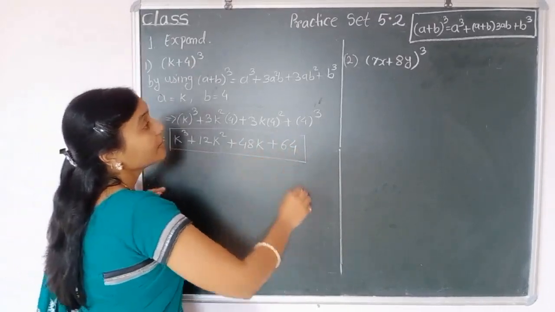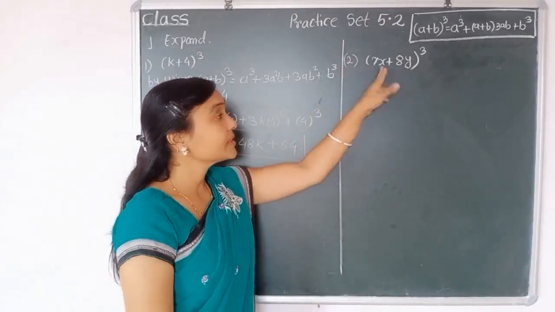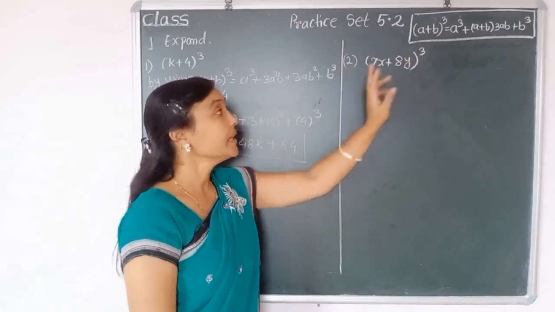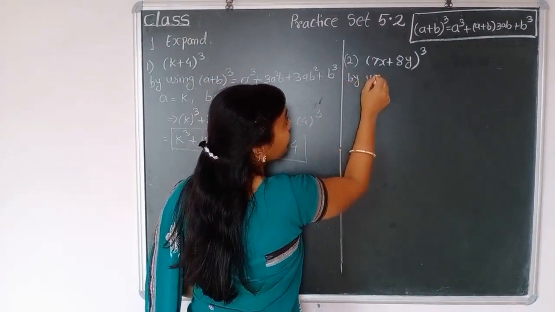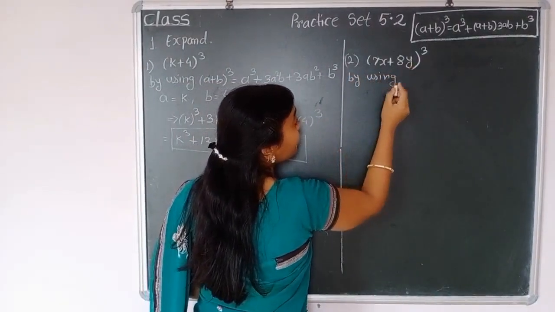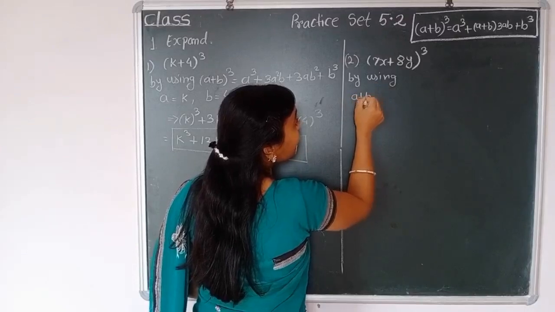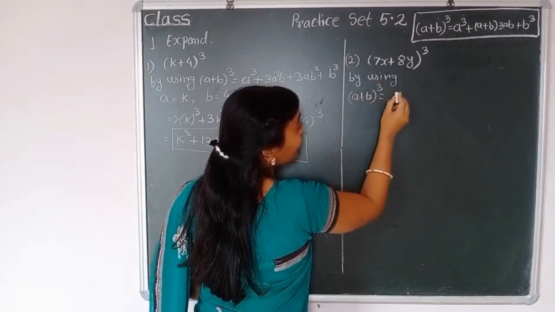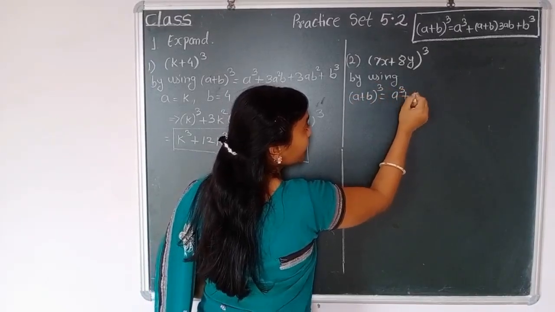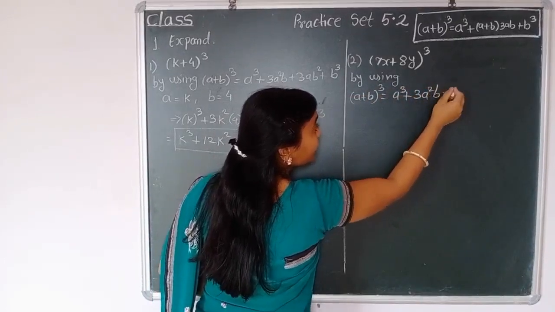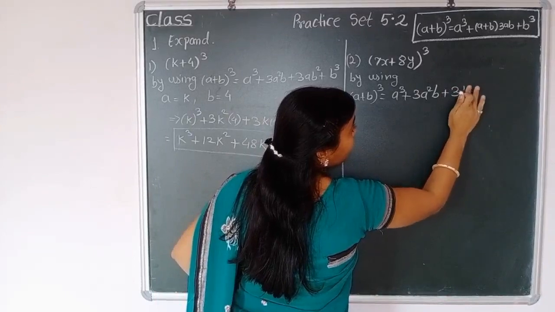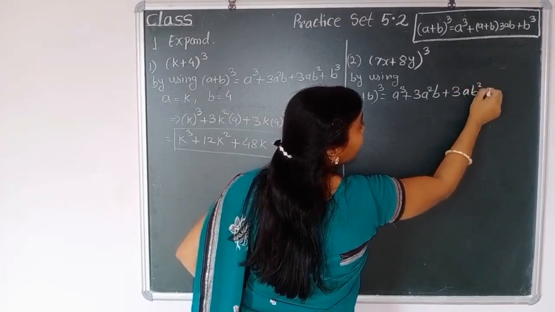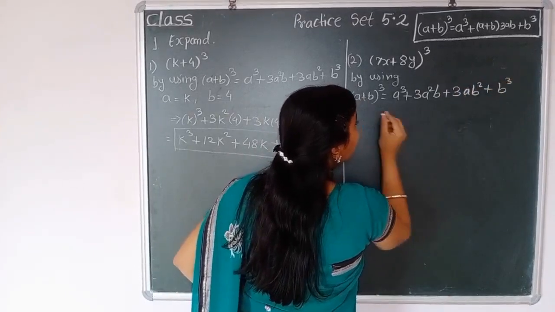Next, the second example is (7x plus 8y) cube. So again by using this formula, (a plus b) cube equals a cube plus thrice a square b plus thrice ab square plus b cube.